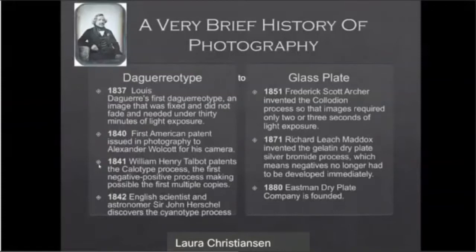Both of these things allowed us to very easily print photographs onto paper and create paper images that were very portable and appealing to people, because you could have multiple images that you could share with your friends and family, that you could frame, that you could give away, that you could keep.